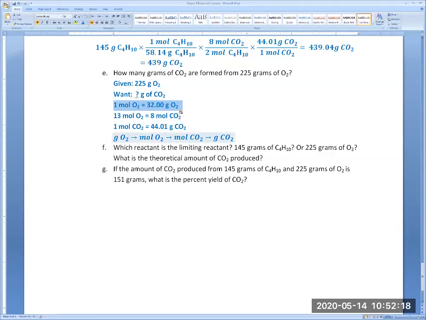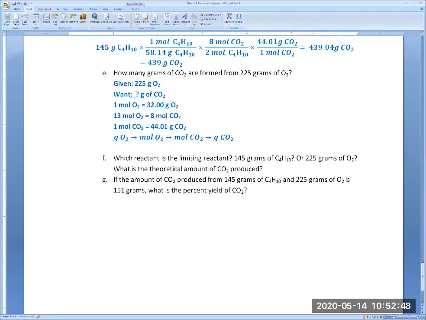That will allow us to change grams of O2 to moles of O2. Then we can change the moles of oxygen to moles of carbon dioxide using this conversion we got from the coefficient of the chemical equation. And once we have our moles of CO2, we can change them to grams of CO2 using the molar mass of CO2. That's going to be the 3rd step.